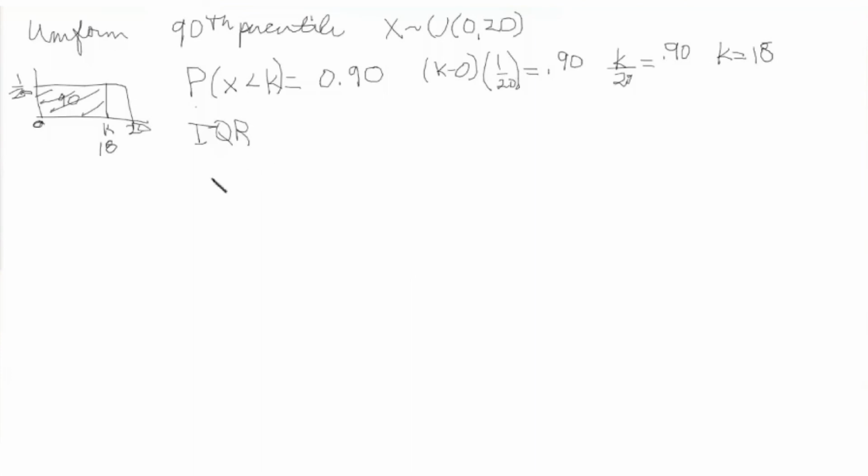I'm going to make that P of x less than Q1 equals 0.25, and your P of x less than Q3 is going to equal 0.75, and then you're going to subtract those. Because I think there were some questions that asked for that range. Okay, so that's what you would use for your uniform distribution.